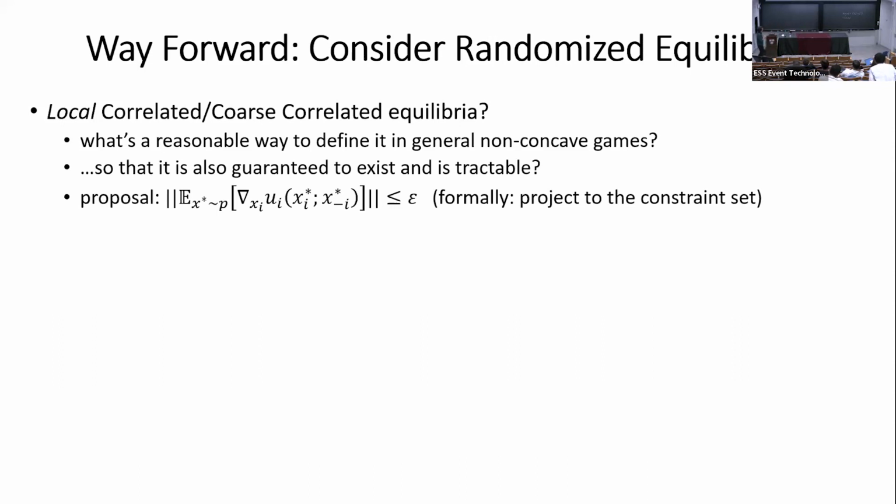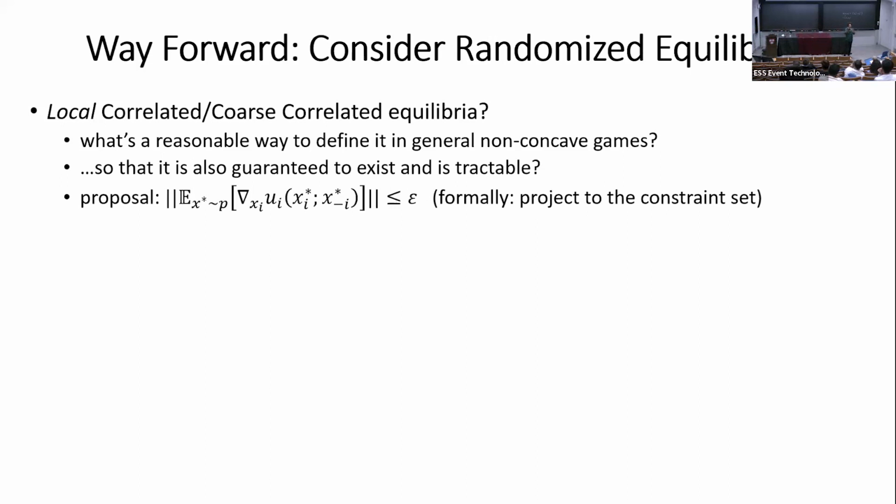So here's the proposal. I'm skipping some projections because I want to make this slide super ugly. But rather than finding a single x star where everybody's gradient is 0 up to projections, I want to find a distribution over x stars.